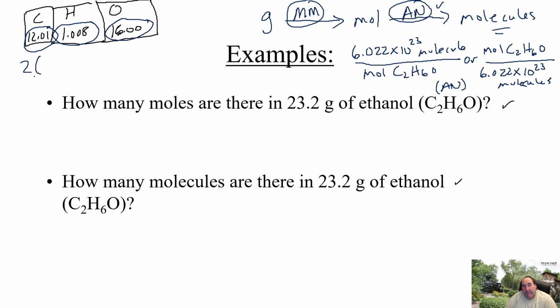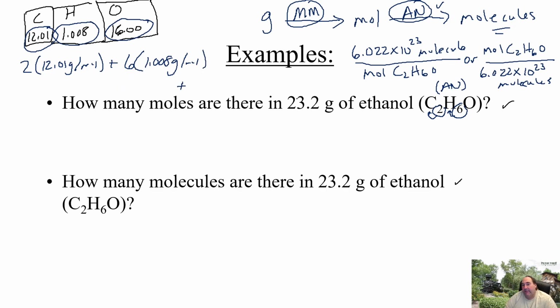So each carbon from the periodic table is 12.01 grams per mole. We're going to add that to our hydrogens, and there's 6 of them. And that is this number right here, right? And again, it always goes to the guy to the left. And it's going to get us 6 times 1.008 grams per mole.